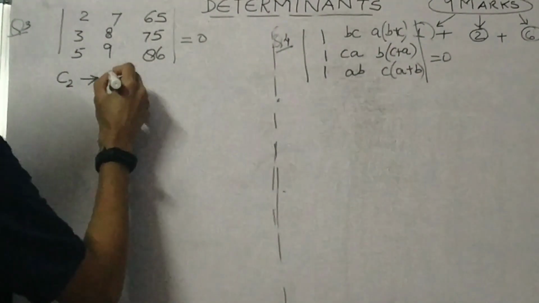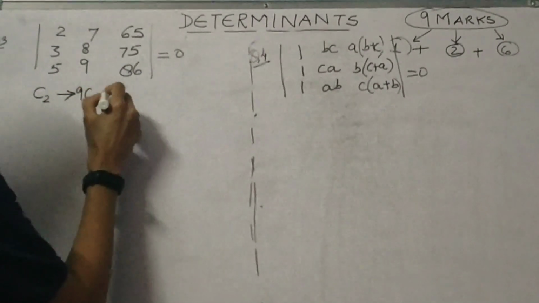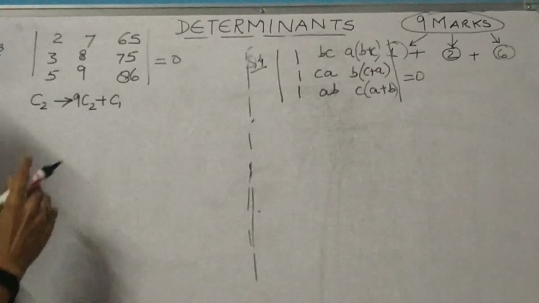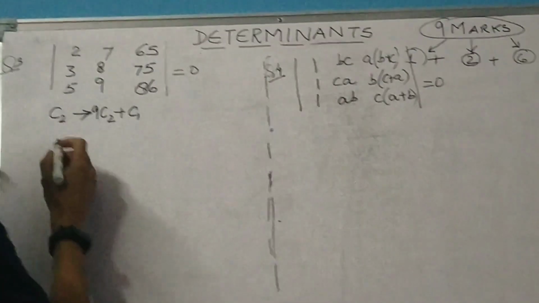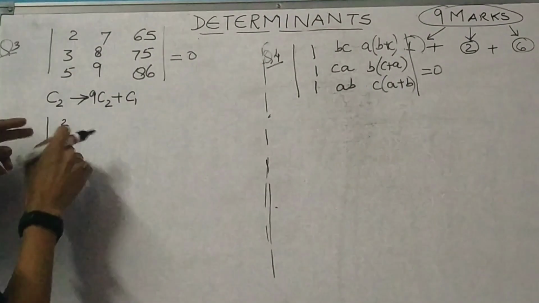So look here, if I do this operation in column 2, I am multiplying column 2 with 9, and then I am adding it to C1. I am applying this operation in C2. So it will become like this. 2, 3, 5 will come as it is.